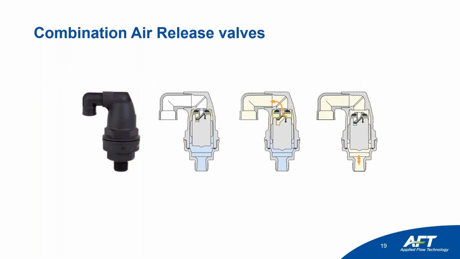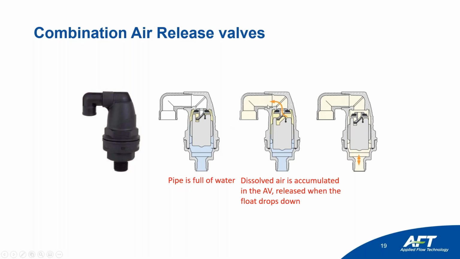So here we have the combination air release valve. In this case, it's full. We can see that it has two orifices, a small orifice here and a big orifice at this point. And the floating device is being pushed up by the pressure of the water. The entrained air, when it starts accumulating at the high point, collects in the upper chamber, so it releases the seal that closes the small orifice. So it releases a small amount of air.